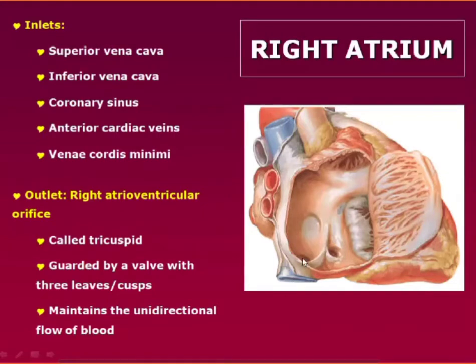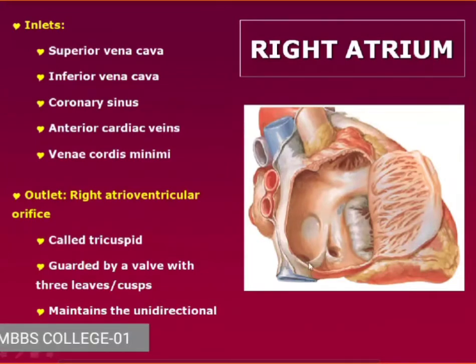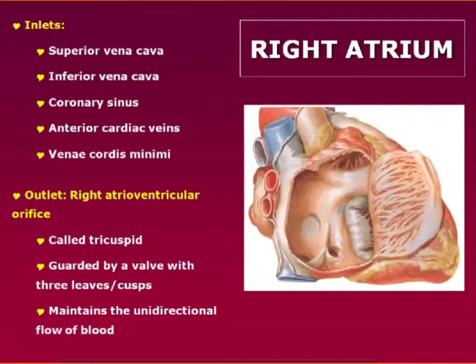And you can see this inferior vena cava is guarded by a valve. The valve which is guarding the opening of the inferior vena cava is called the Eustachian valve.